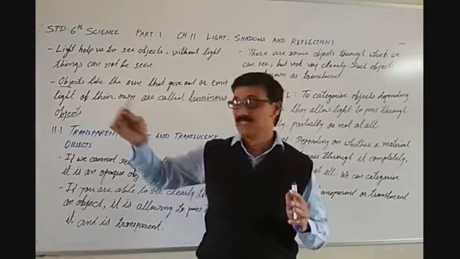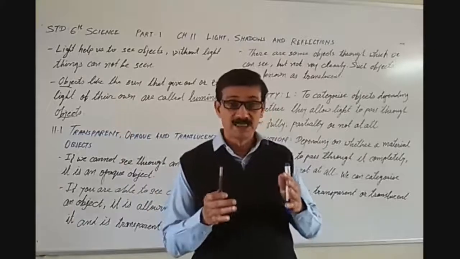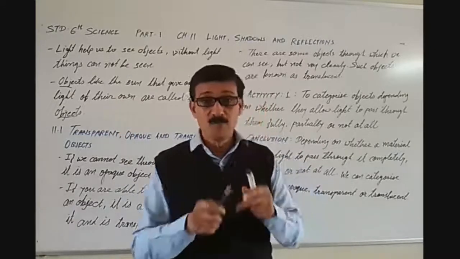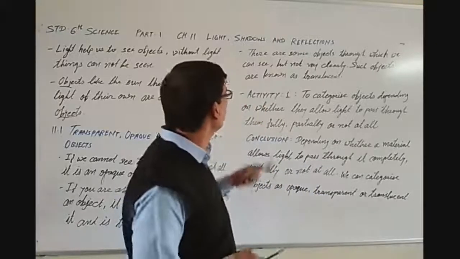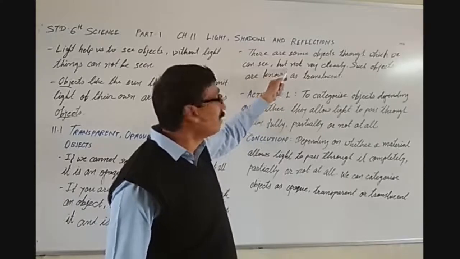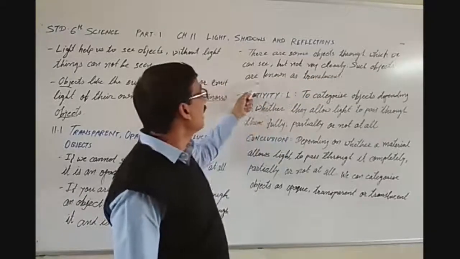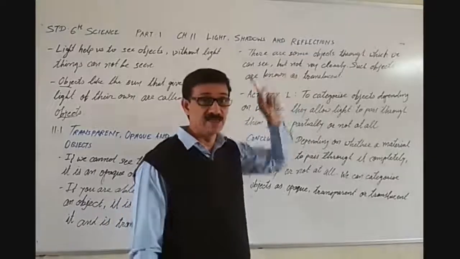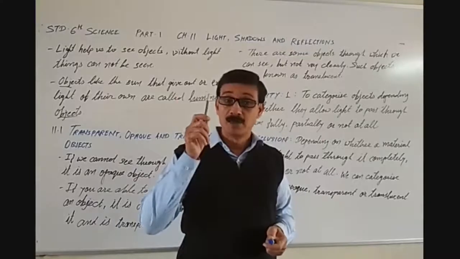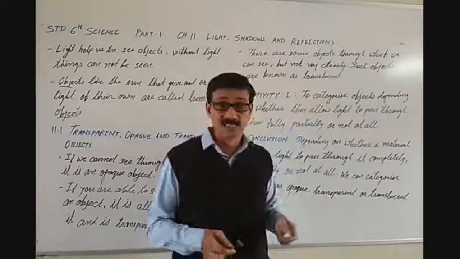There are some objects through which we can see, but not very clearly. Such objects are known as translucent. So we come to know about opaque, transparent and translucent objects.